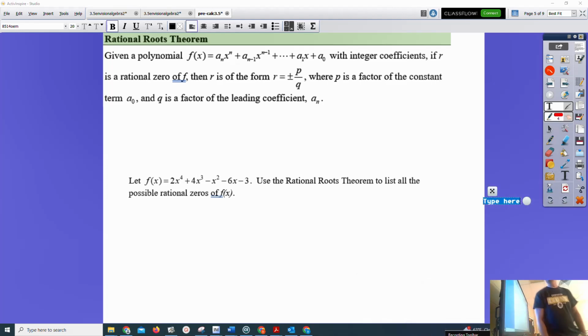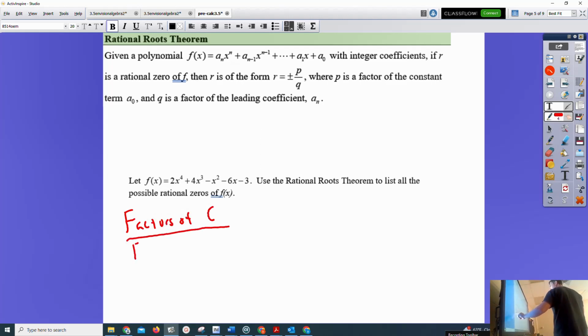Anyways, the idea is you take your factors of c and you divide them by factors of a. So c is 3. It's a pretty small list, isn't it? Plus or minus 1, plus or minus 3.